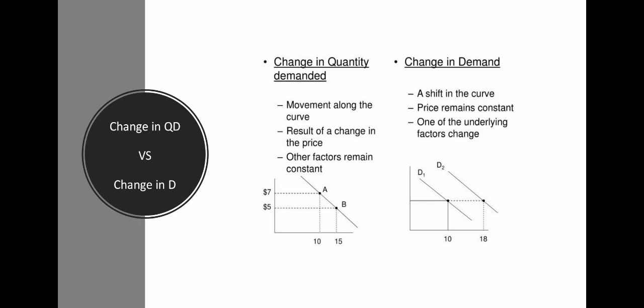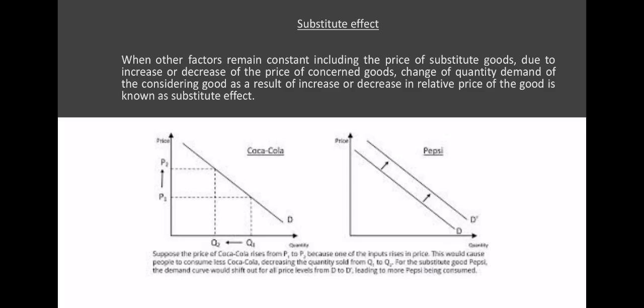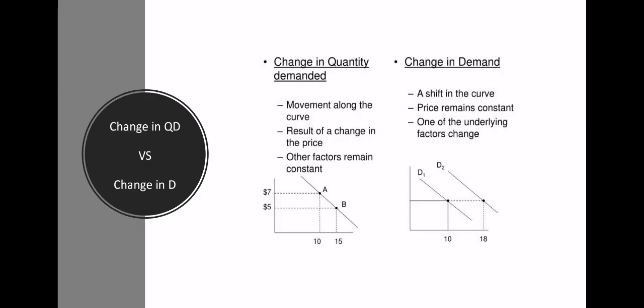Now, change in quantity demanded happens when there's a movement along the curve, caused by a change in our own price. Now Coca-Cola, we increased our price and therefore quantity demanded reduced. Now a change in demand happens when a determinant of demand changes.